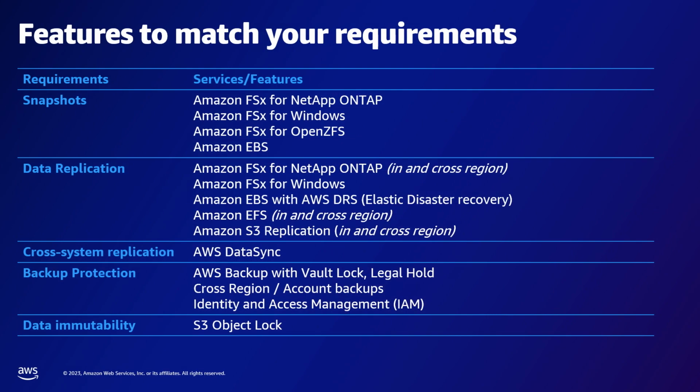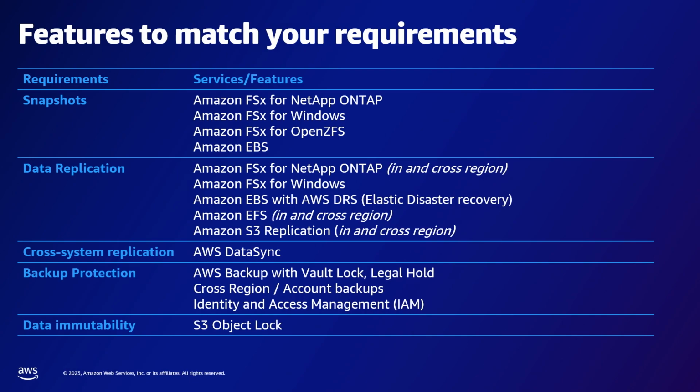Bring together the services and features that match different data protection requirements. As of today, snapshots can be created using Amazon FSx and EBS, while data replication is supported by FSx, EBS, EFS, and S3. AWS DataSync can be utilized to replicate data across storage services or AWS regions.